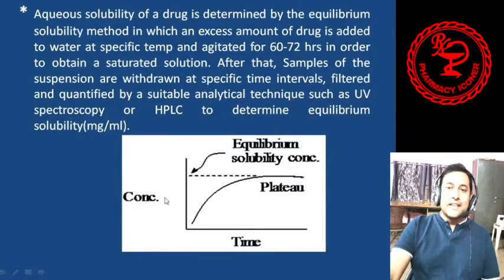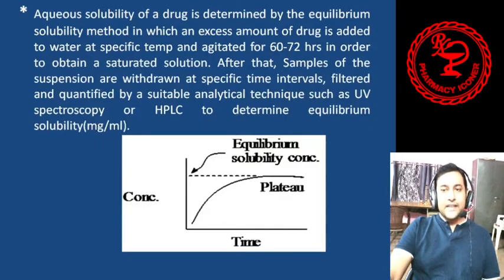Next is determination of aqueous solubility. Aqueous solubility of a drug is determined by the equilibrium solubility method, in which an excess amount of drug is added to purified water at a specific temperature and agitated for 60 to 72 hours in order to obtain a saturated drug solution.